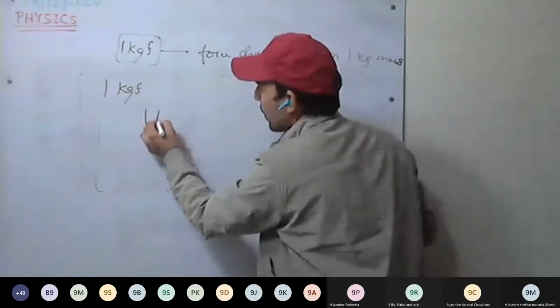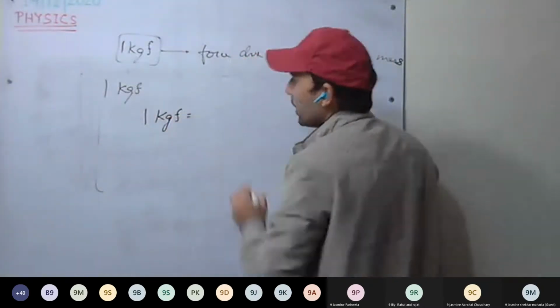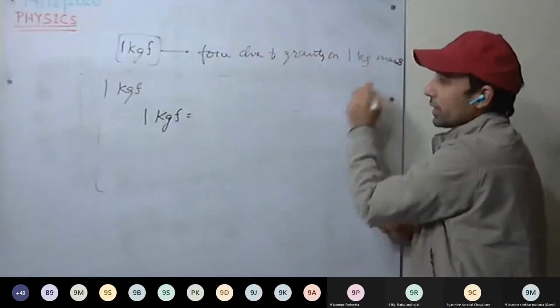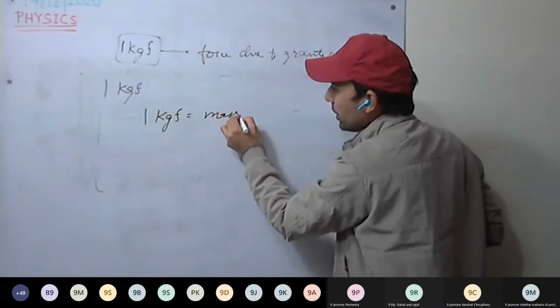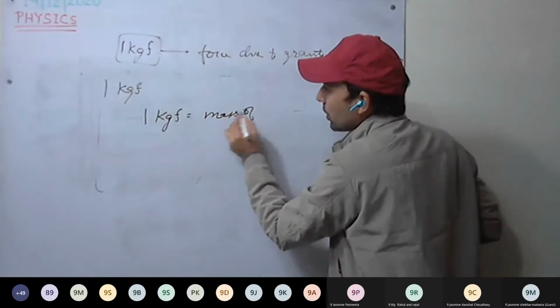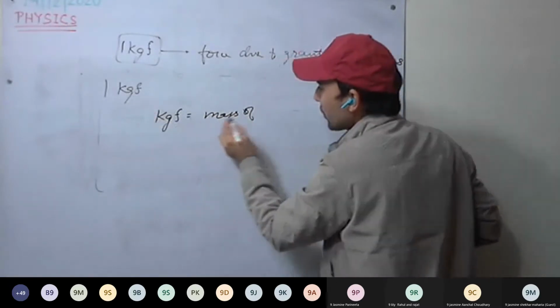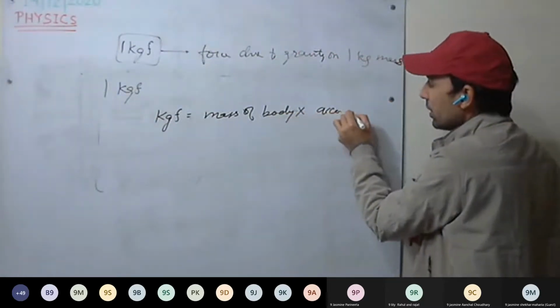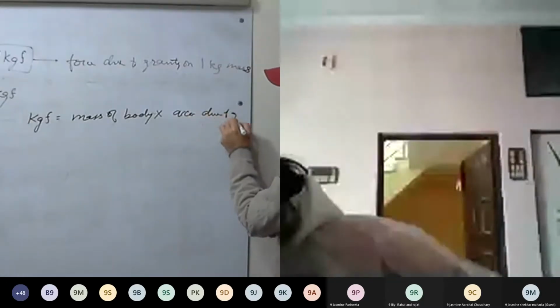So how can we denote it? 1 kgf will be the force due to gravity on 1 kg mass. So kgf equals the mass of the body into acceleration due to gravity.